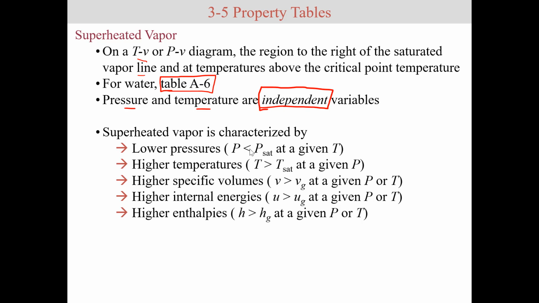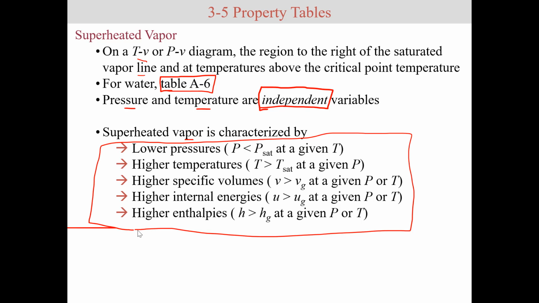You are at a superheated vapor on all of these different areas. If I go over all of these in too much detail, I might lose you because of the nature of a video lecture. But if you think about it, at a given temperature, if my pressure is less than saturation, I am in a superheated vapor region. At a given pressure, if my temperature is greater than saturation, I'm in a superheated vapor.